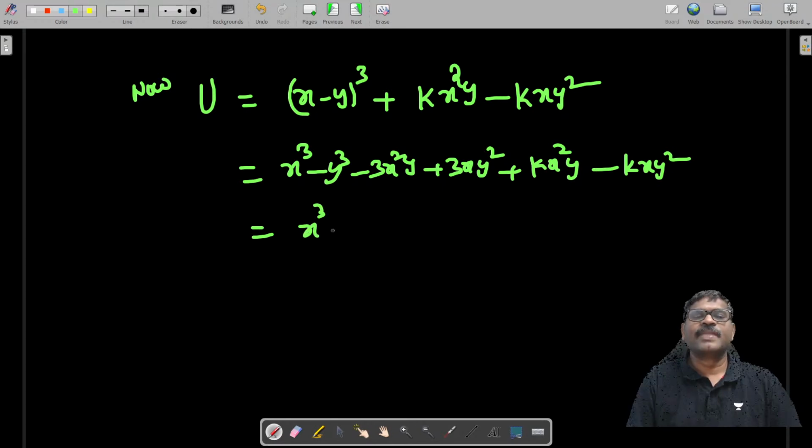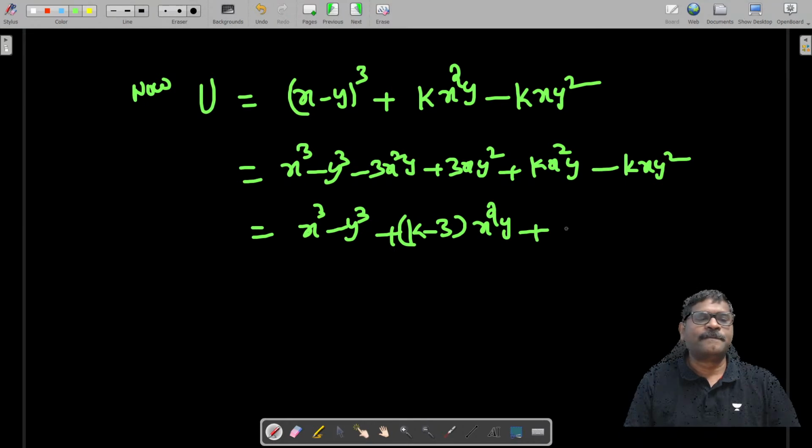Finally, x cube minus y cube plus k minus 3 into x square y plus 3 minus k into xy square.